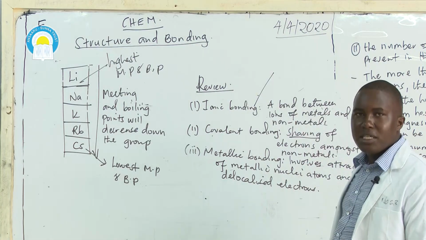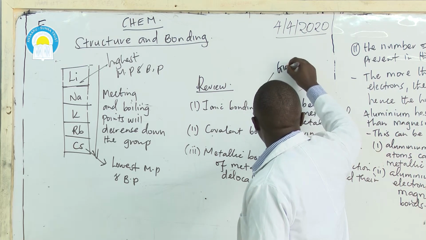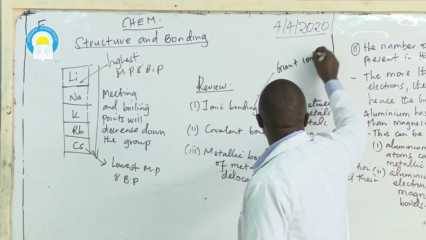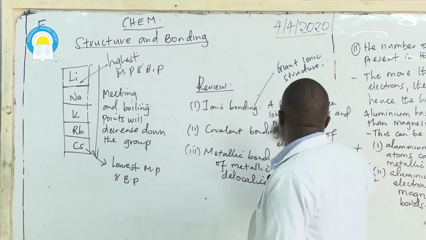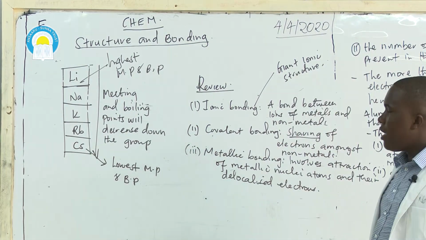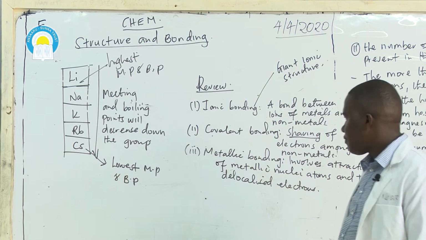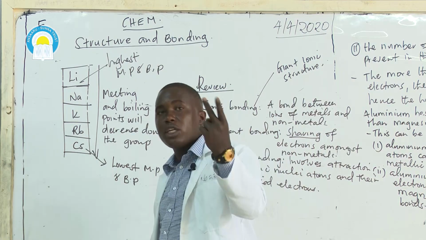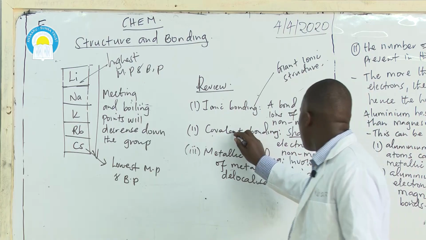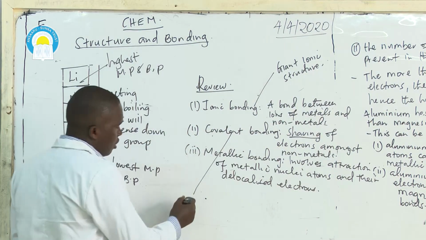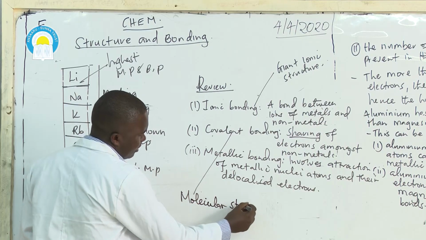We have said that when ionic bonding is repeated continuously, you will end up with a structure called giant ionic structure. So that's the structure that arises when ionic bonding takes place repeatedly. For covalent, we are forming two structures. We have one here called molecular structures.